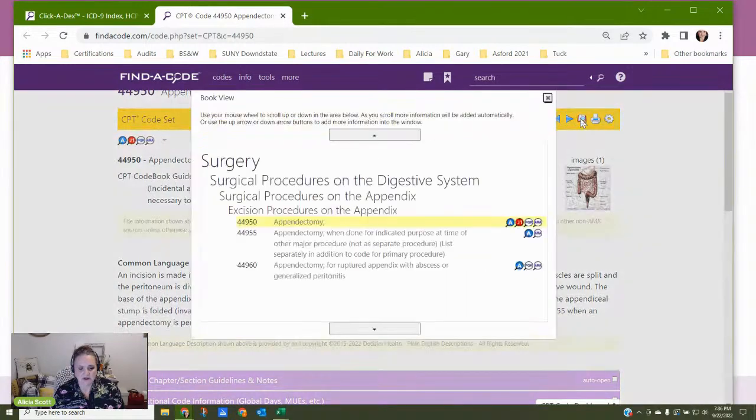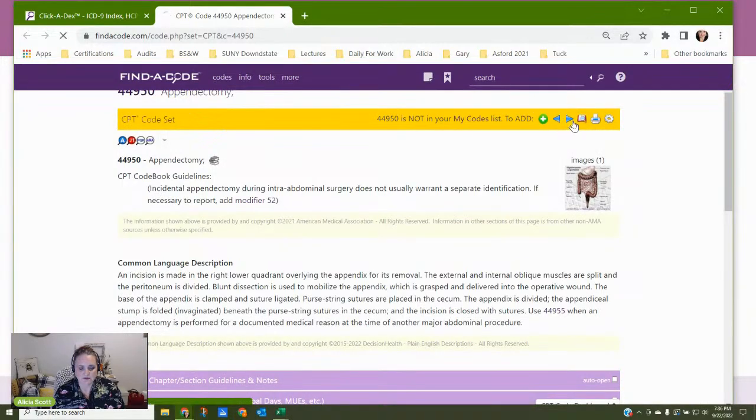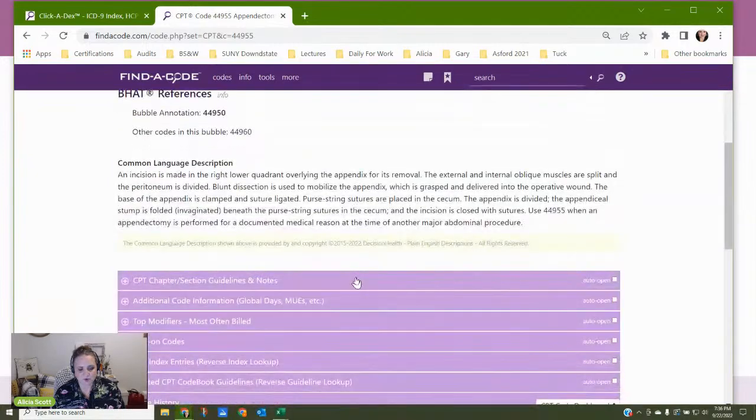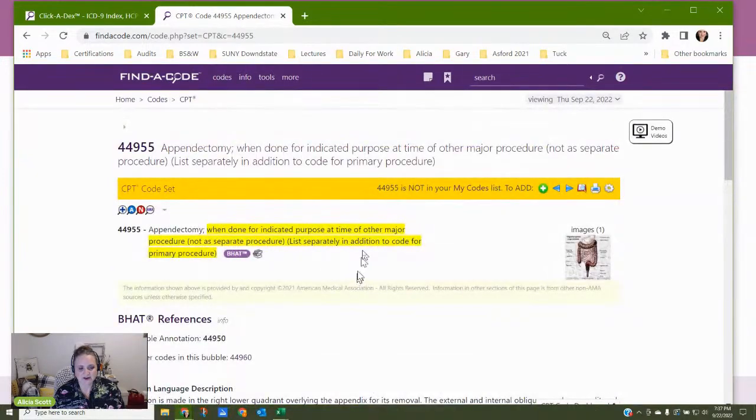Then I can look at the index and see, oh, look, there's my choices. There's one with abscess. I could have gone one at a time if I wasn't sure. And if you're curious about the BAT technique, they got it built in on a lot of the codes. So this is where you would highlight after the semicolon. More information about that. Very cool.